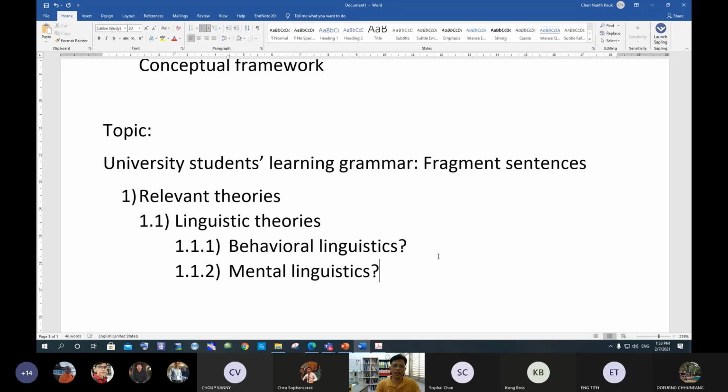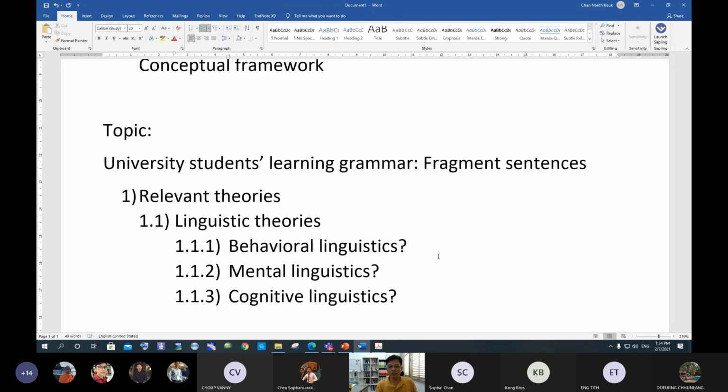So when we are exposed to the language environment, we form such rules. So you have to go into those details. That's about mental linguistics. And then after mental linguistics, you go to what we call cognitive linguistics. So what do we mean by cognitive linguistics?